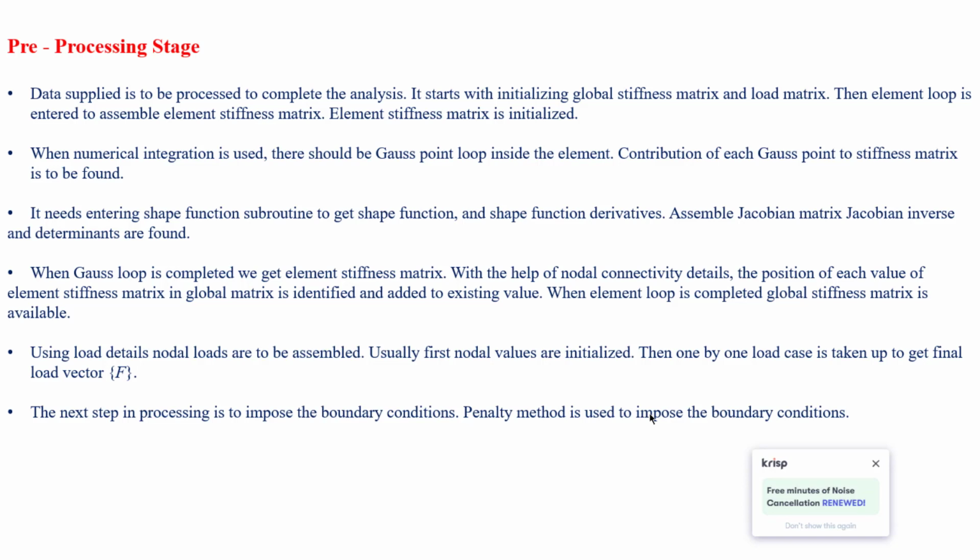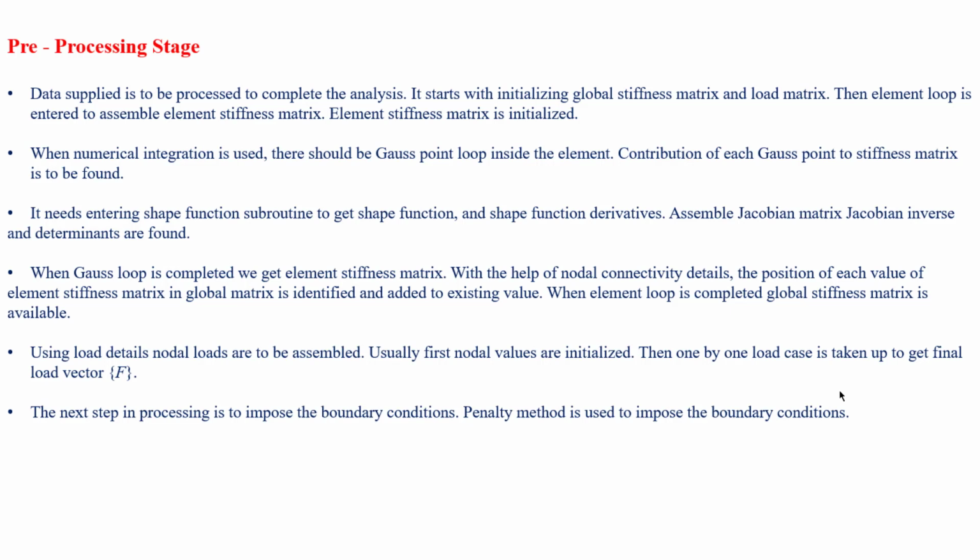once all this Gauss loop is completed, so what happens there? The global stiffness matrix is available, right? It will solve for each and every Gaussian point, and it will give you the global stiffness matrix.